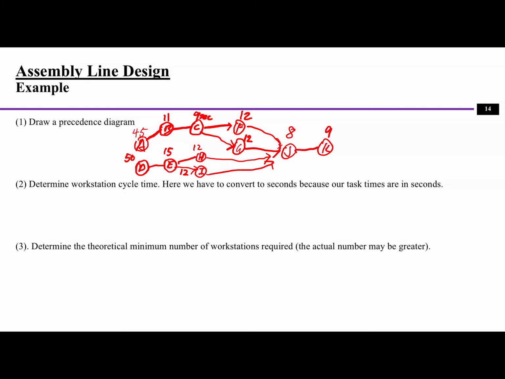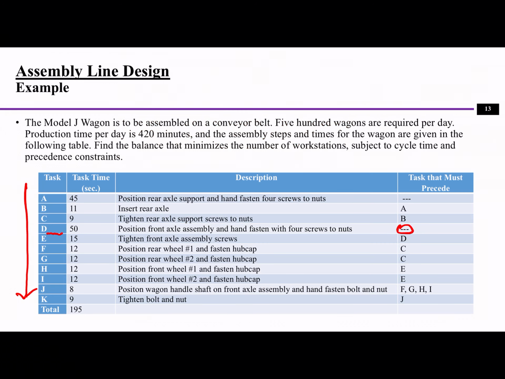Well, in this case, maybe the first thing we're going to find out is what is the cycle time we need. So remember the condition we have here is that 500 wagons are required per day, and production time per day is 420 minutes.